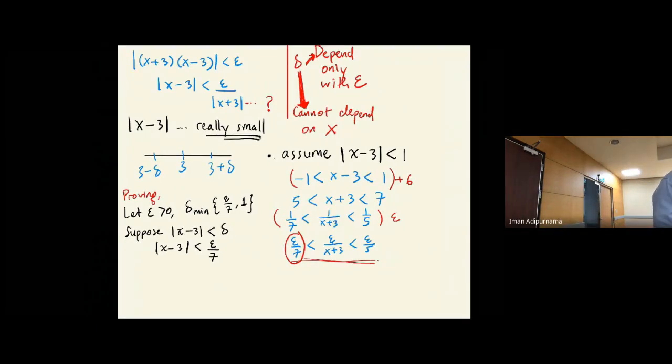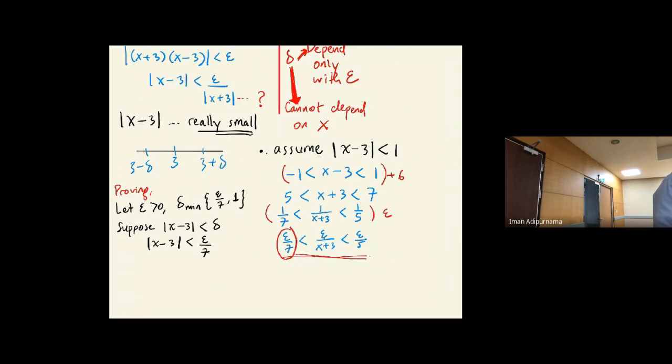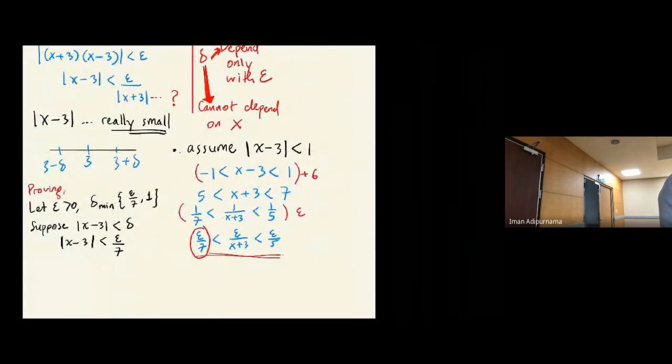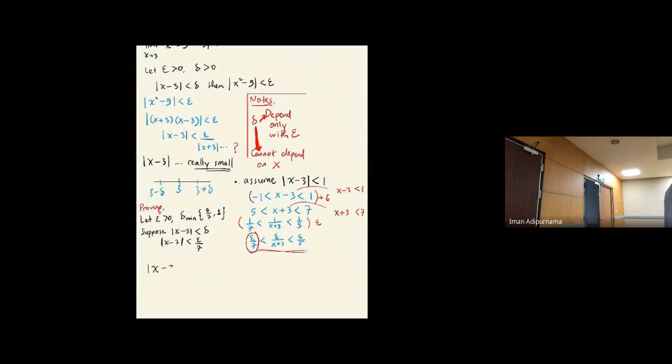When we apply this, from here we can see x plus 3 is less than 7, and x minus 3 is less than 1 from this expression. You don't need to write the absolute value actually. So when you have x minus 3 times x plus 3, this is epsilon over 7 multiplied by 7, from the expression here.